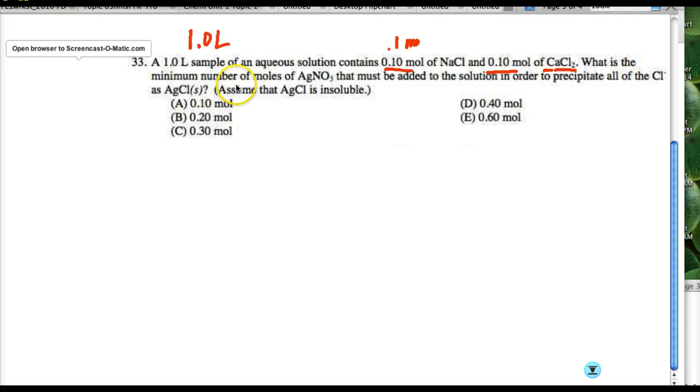What is the minimum number of moles of silver nitrate that must be added to the solution in order to precipitate all of the chloride out of solution? So you have a bunch of these that are reacting with the silver ion, and making this.